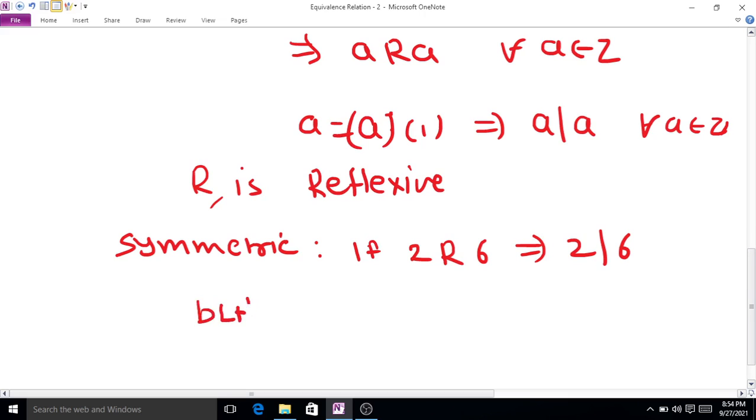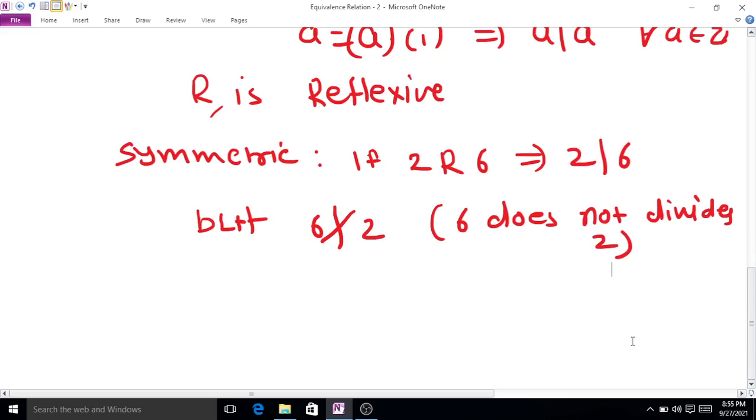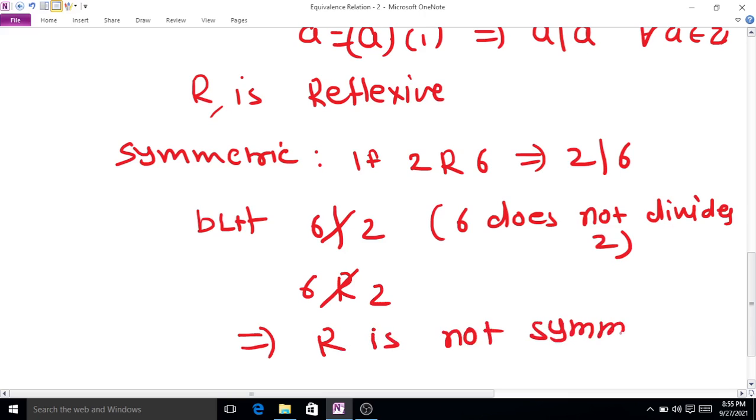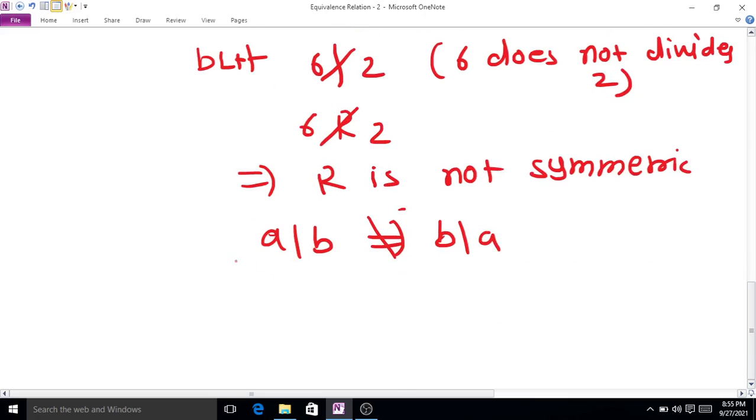But 6 does not divide 2, and therefore 6 is not related to 2, and therefore R is not symmetric. That is, if a divides b, it does not imply that b always divides a. You cannot say this always, and therefore it is not a symmetric relation.